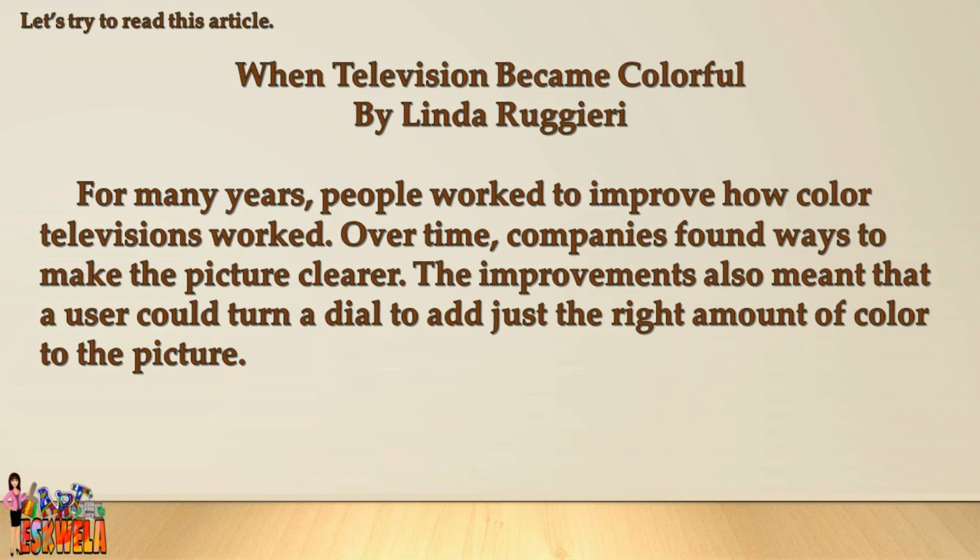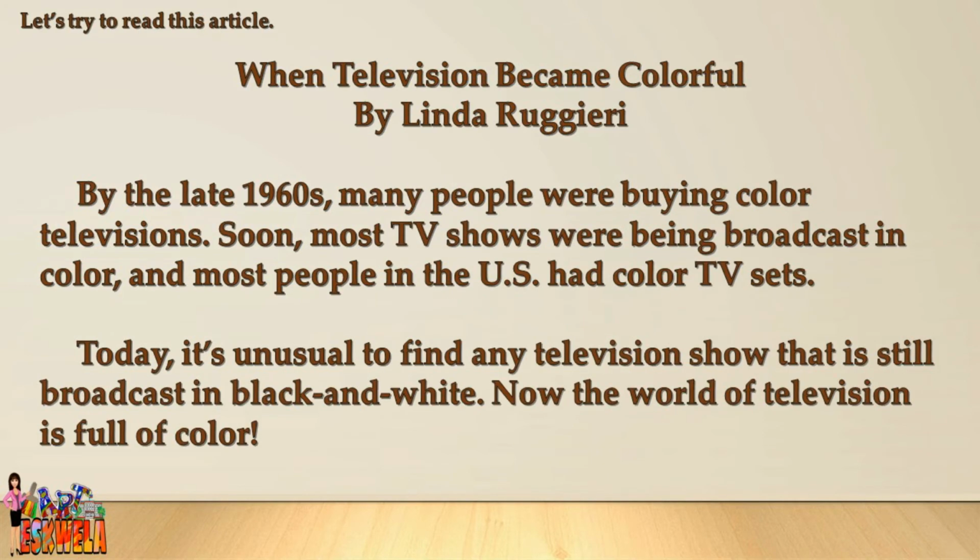Companies would not sell a TV that was not good quality. For many years, people worked to improve how color televisions work. Over time, companies found ways to make the picture clearer. The improvements also meant that a user could turn a dial to add just the right amount of color to the picture. By the late 1960s, many people were buying color televisions.